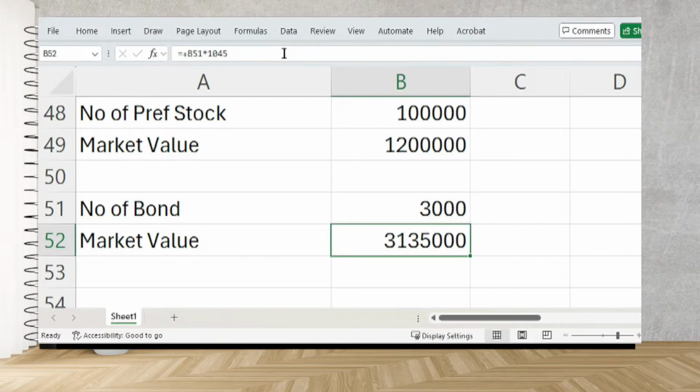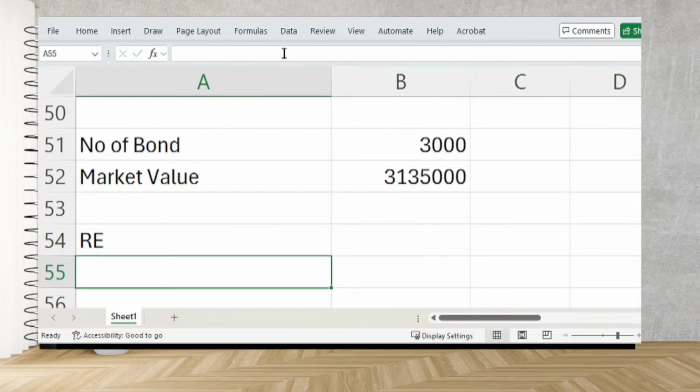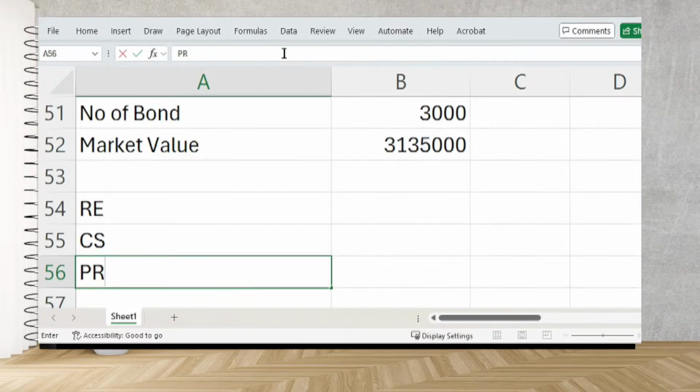Now retained earnings, if you want to calculate the weighted average cost of capital: retained earnings, common stock, preferred stock, and the bonds.